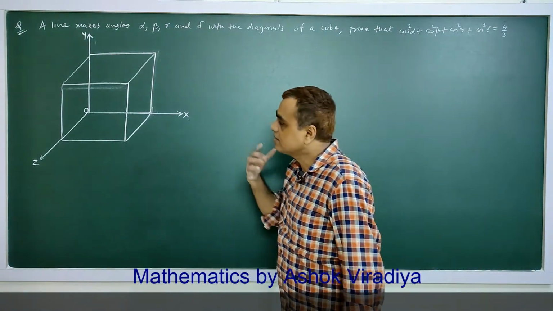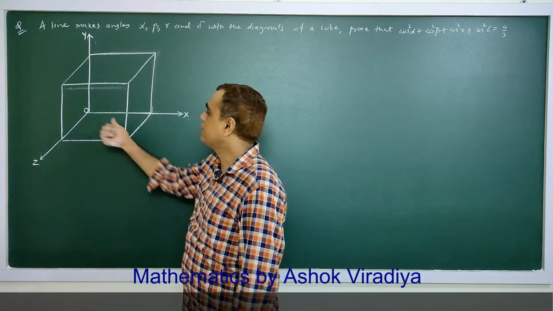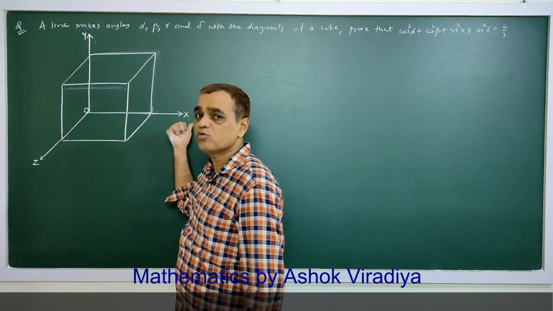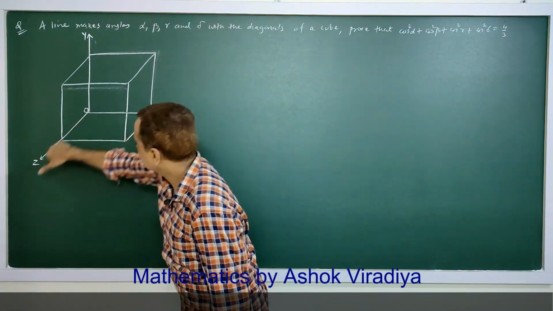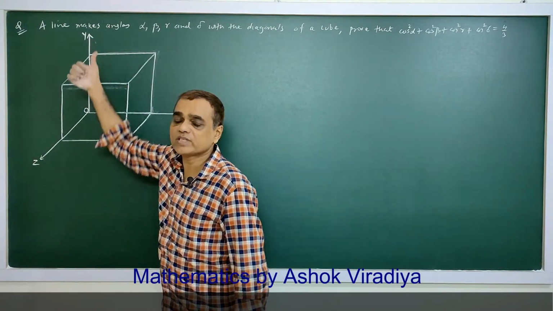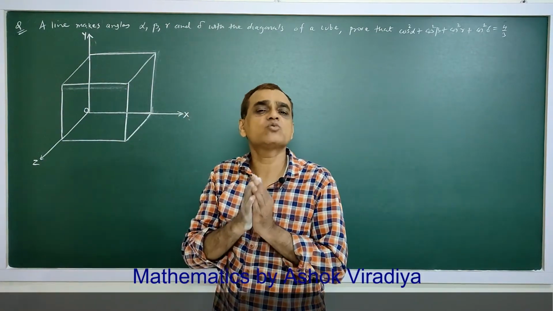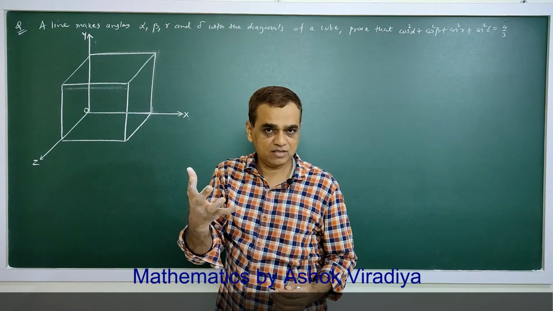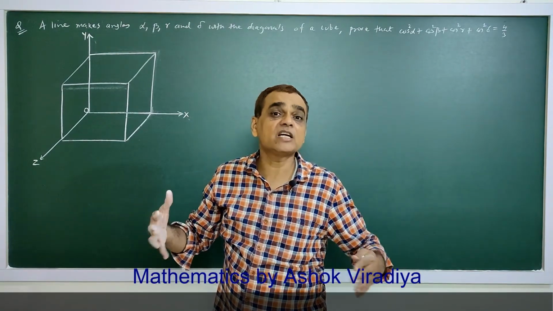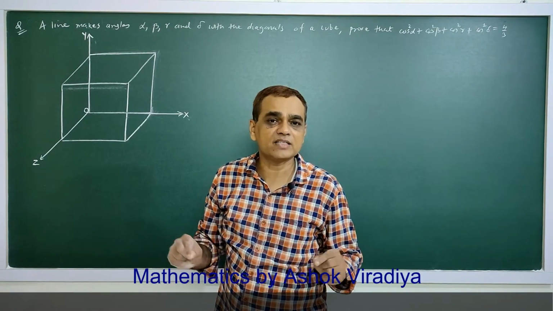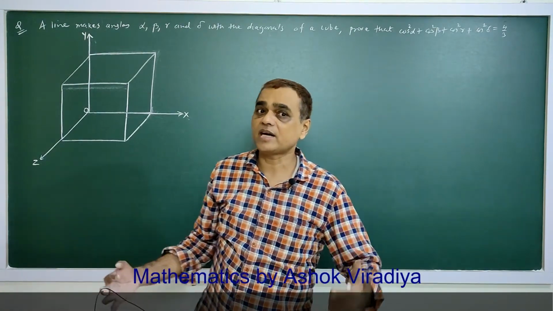It's not compulsory that I have taken this line as OX. You can choose this line as OY, this line as OX, this line as OZ. We can choose any line as a base because we are doing it in 3 dimensions. So a base is required, that this is the x-axis, this is the y-axis, this is the z-axis.